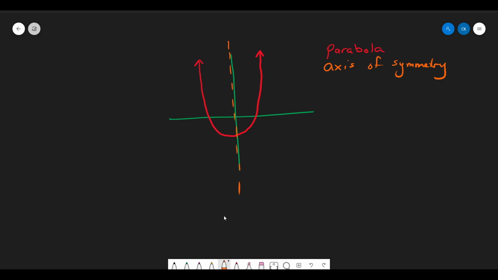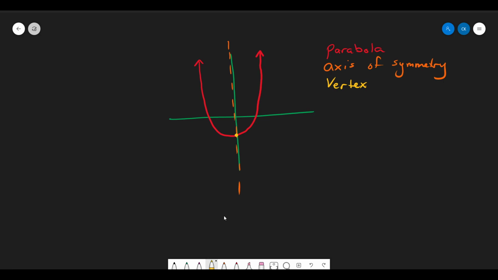Now, this axis of symmetry will also give us another important part of our parabola, which we call the vertex. And the vertex is the point, which is the highest or lowest point of our U shape. Okay, so it's the point of the parabola that falls on the axis of symmetry.